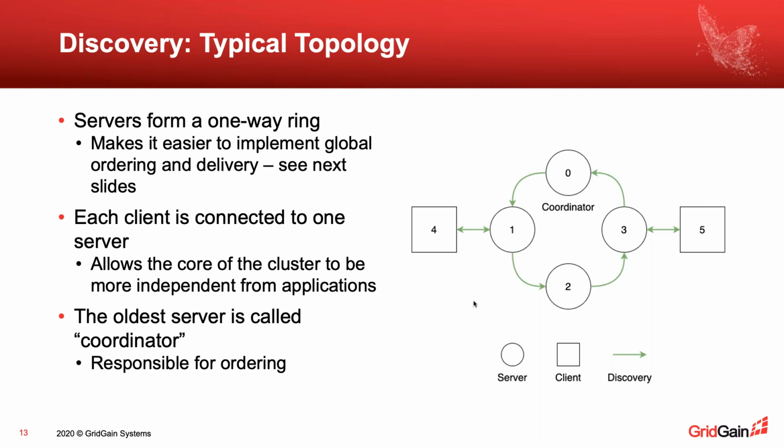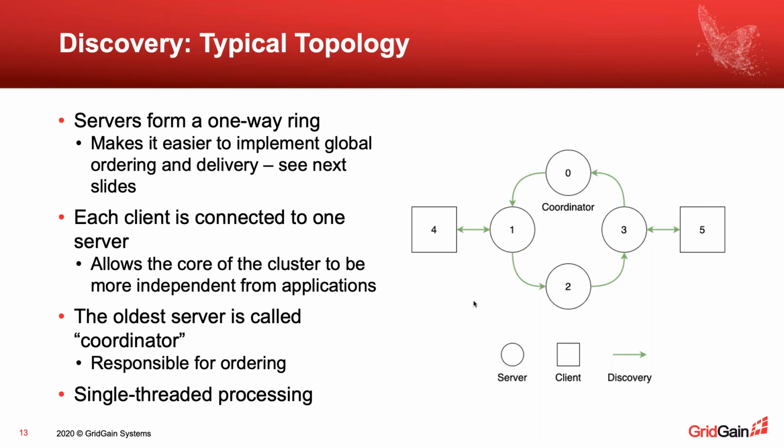So any server node can become coordinator under different circumstances, but at any given time, the oldest node in the topology, meaning the node which has the earliest start time and cluster join time, is the node which will be the coordinator and which will help us to provide that event ordering. And we will see on the next slides how exactly does it work.